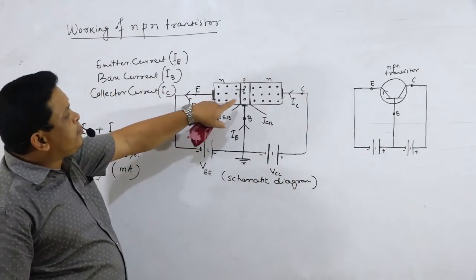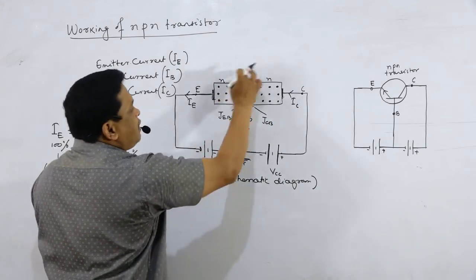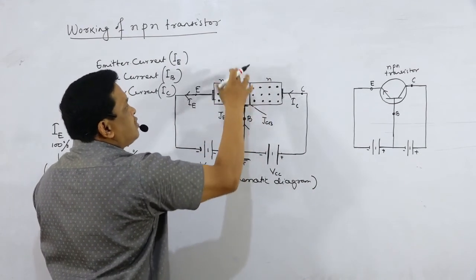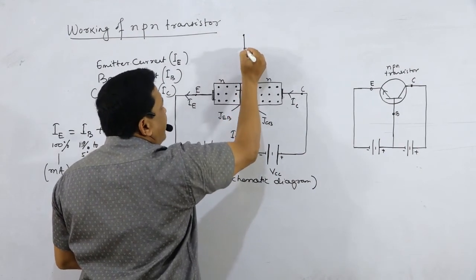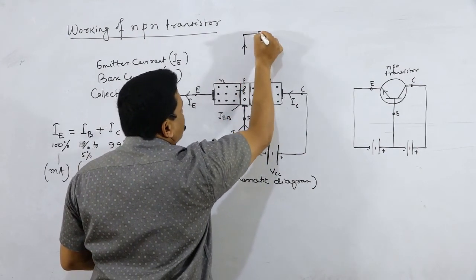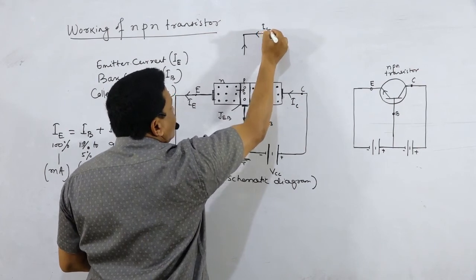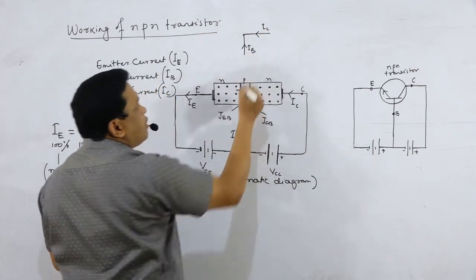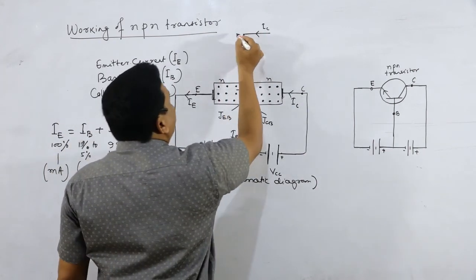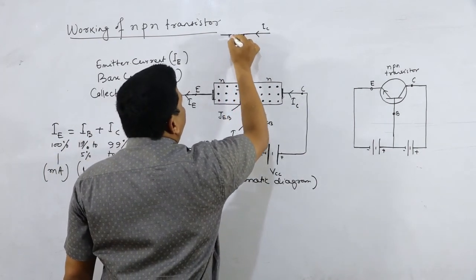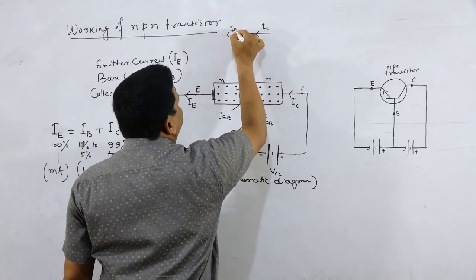Now you can also remember like this. If we treat the transistor as a joint or junction here, the base current and collector current both are inward, and the emitter current is outward.